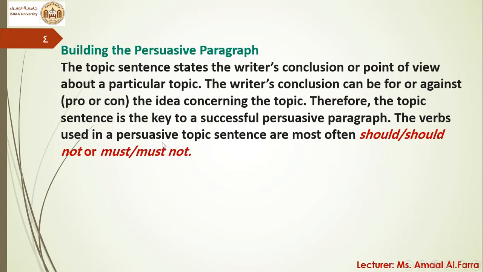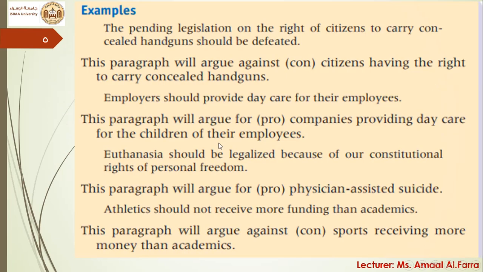The verbs used in a persuasive topic sentence are mostly like should, should not, must, and must not. These are the verbs that are used in the topic sentence of a persuasive paragraph. Let's see the examples now. If we are talking about this topic, the pending legislation on the right of citizens to carry concealed handguns should be defeated.